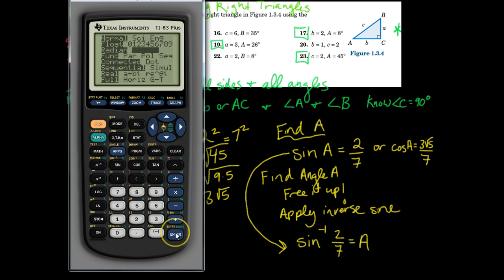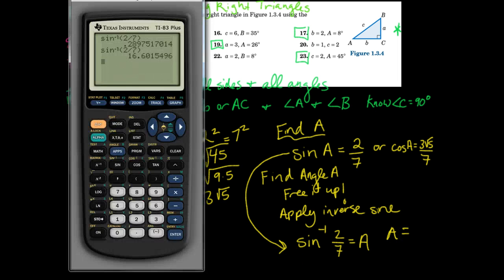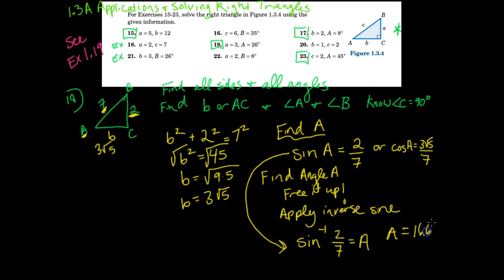We're going to be in degrees for a little bit throughout the semester. We'll get to radians eventually, but for right now you want to be in degree mode. Once you hit that, you can quit. Now I can recall that same entry, and if I hit enter, see how that makes a little more sense? So angle A is equal to 16.6 degrees.